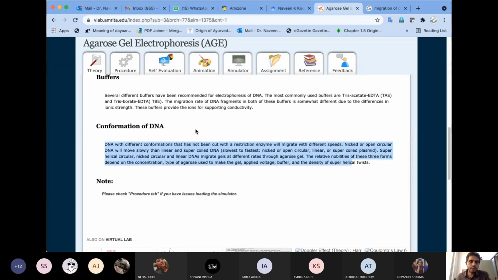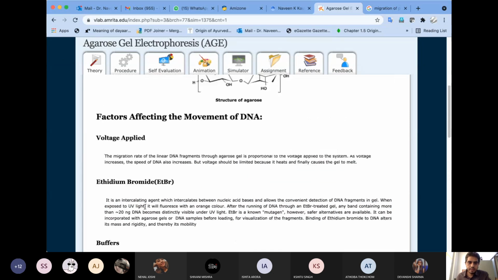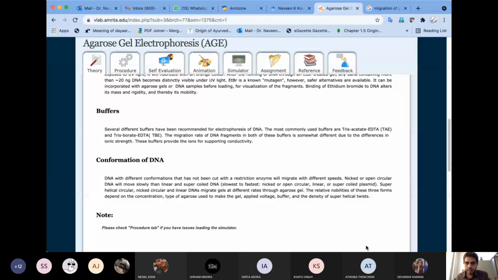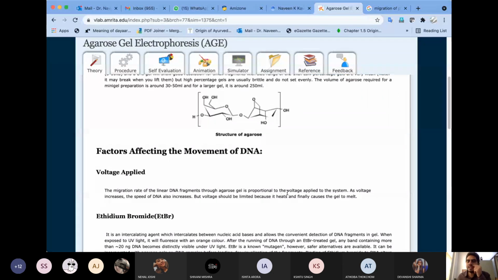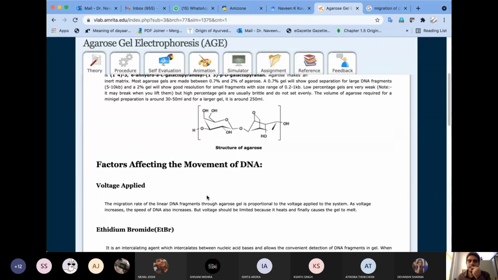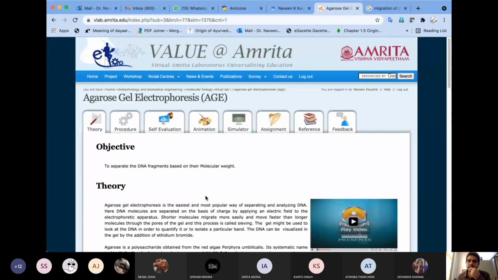So we were talking about different things that are going to affect the migration of DNA. And as we mentioned, DNA has to migrate according to the electric field and the size. One more term that I want to tell you, that all of you might be aware of, is electrophoretic mobility, which is represented by mu.